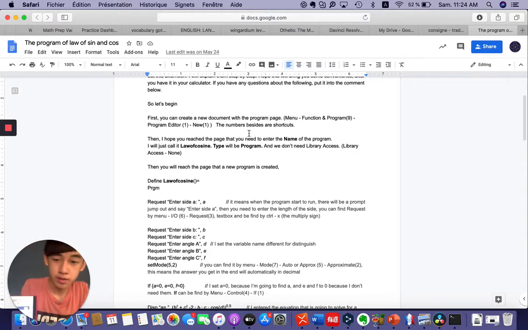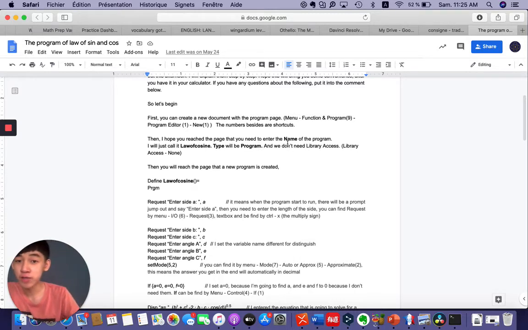And you will see this interface. I put the numbers beside it for shortcuts, as you can just press 911 to create a new program and you will reach the interface.